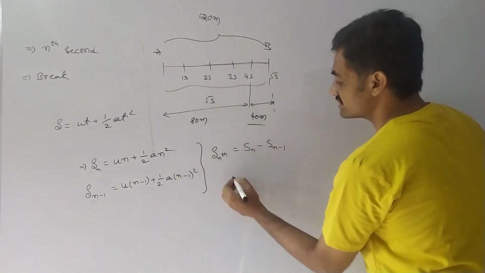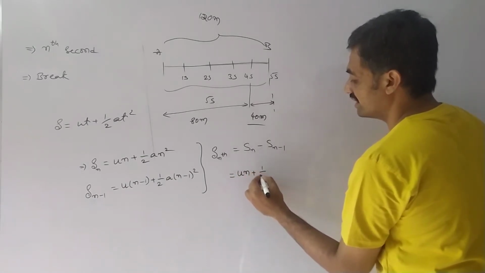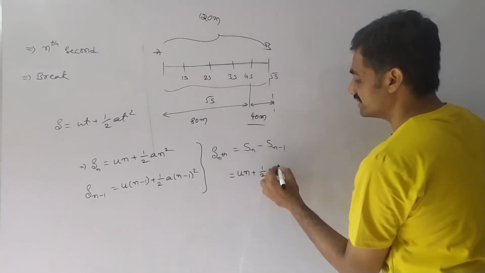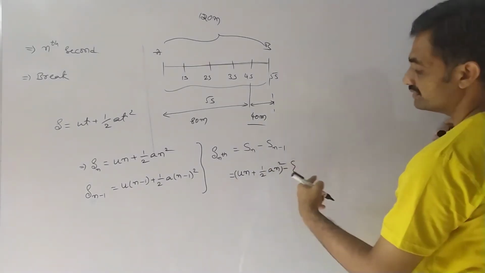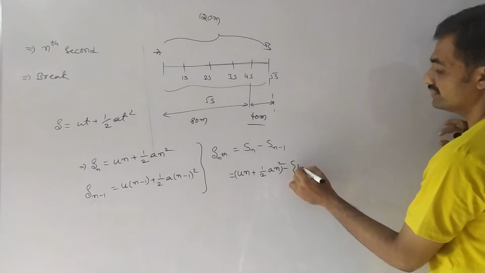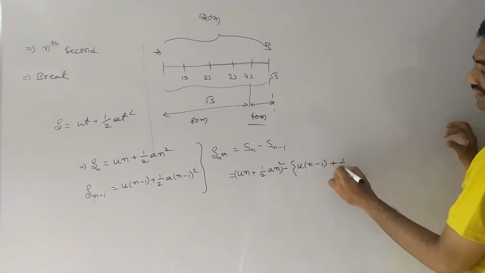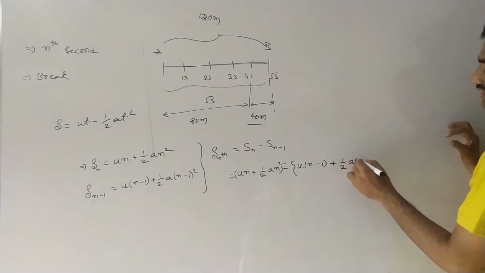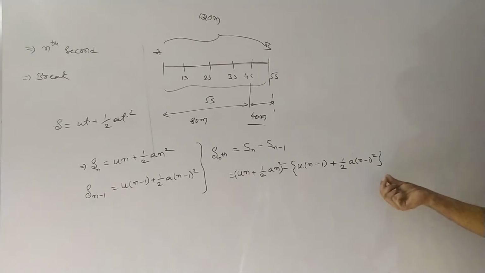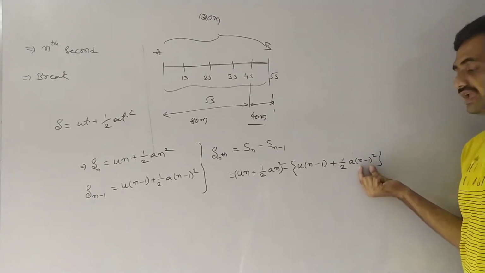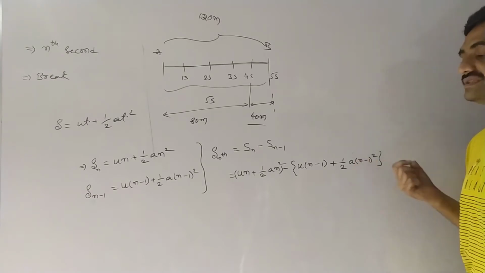Substituting, we have un plus half a n square, minus, keeping this in brackets, u into n minus 1 plus half into a into n minus 1 whole square. Observe that this is in the form of a minus b whole square, so we can write it as a square plus b square minus 2ab.